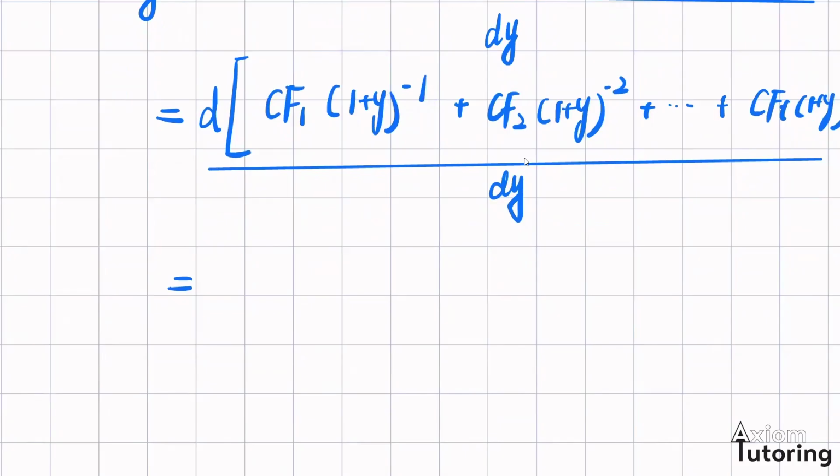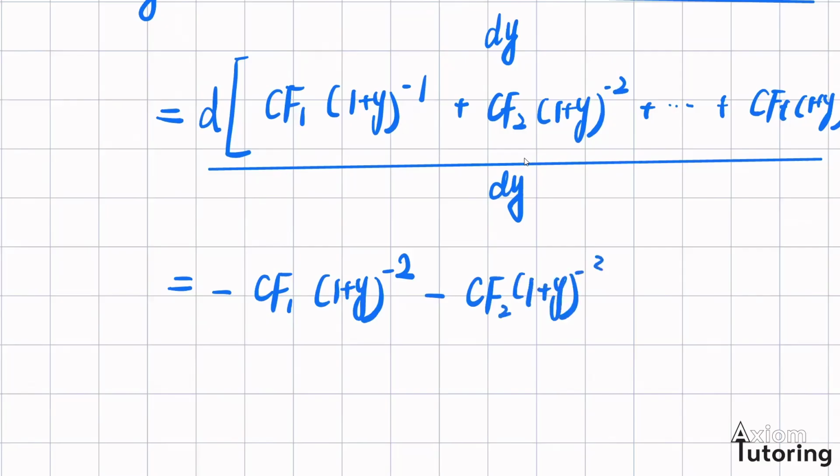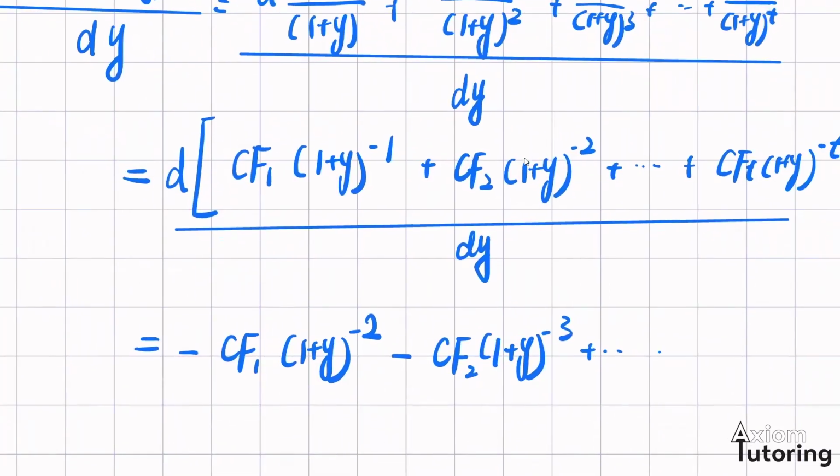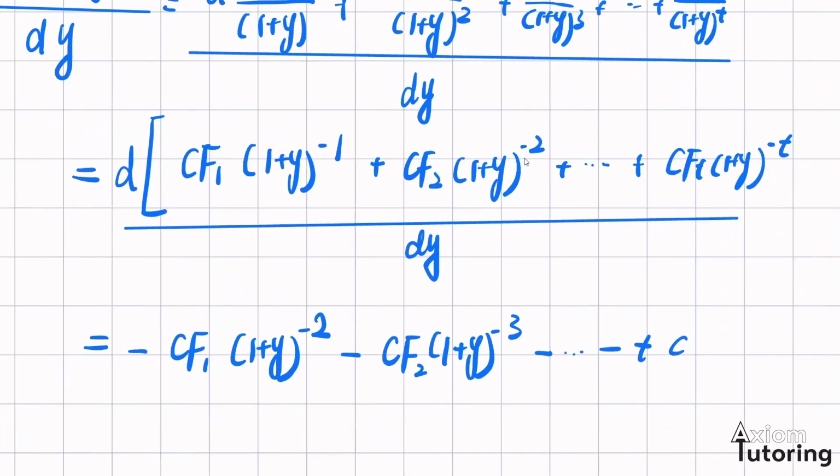So here we have minus CF1 times 1 plus y to the power of minus 2, and then minus, so be careful with this bit, minus 2 times CF2 times 1 plus y to the power of minus 3, and all the way to the last one, minus t times CFT times 1 plus y to the power of minus t plus 1.